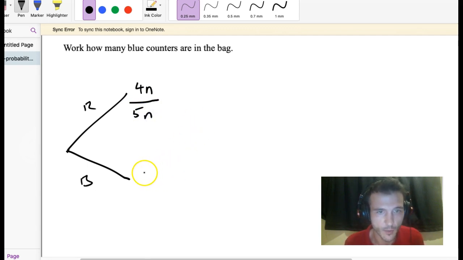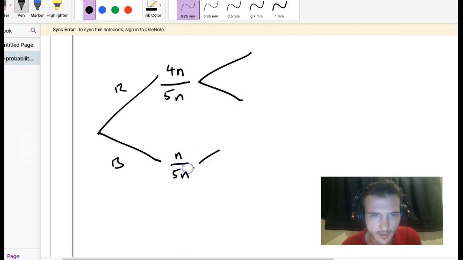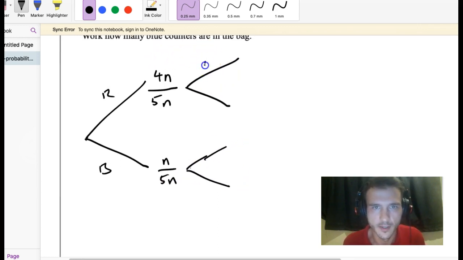Blue is going to be 1, so it's n over 5n total. Now we'll draw the second lot: this will be red, this will be blue, this will be red, and this will be blue.